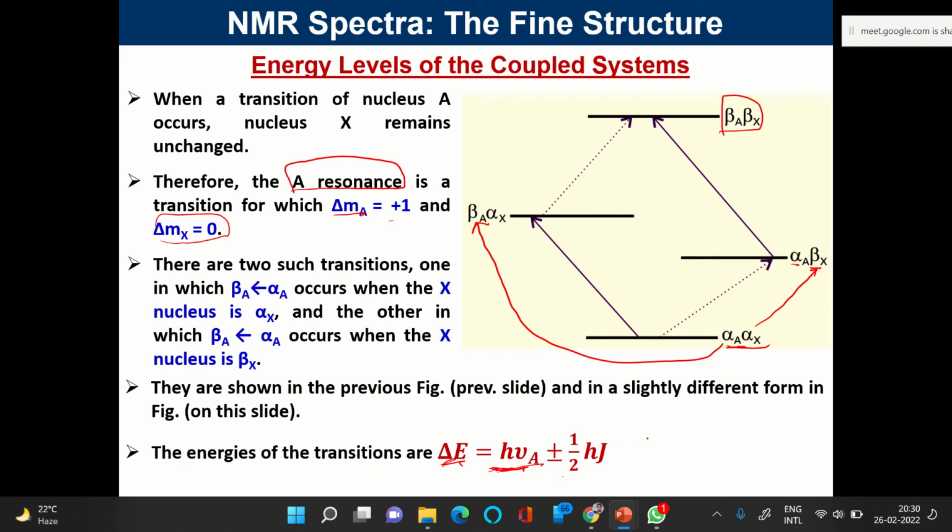One will be located at plus half h mu A plus half, and another one at minus, so you have two signals.